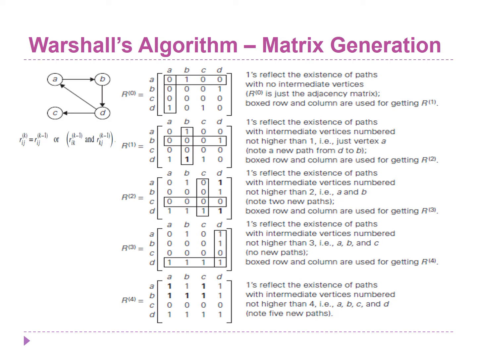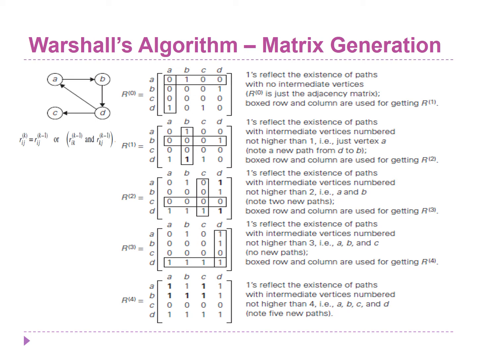And at each iteration, the matrix is generated using the formula R of k suffix ij equals R of k minus 1 suffix ij or R of k minus 1 suffix ik and R of k minus 1 suffix kj.